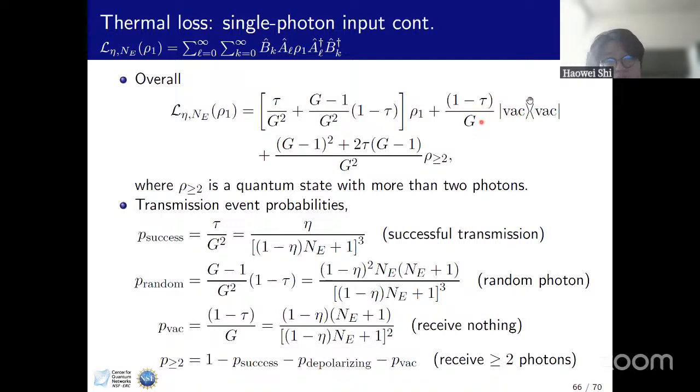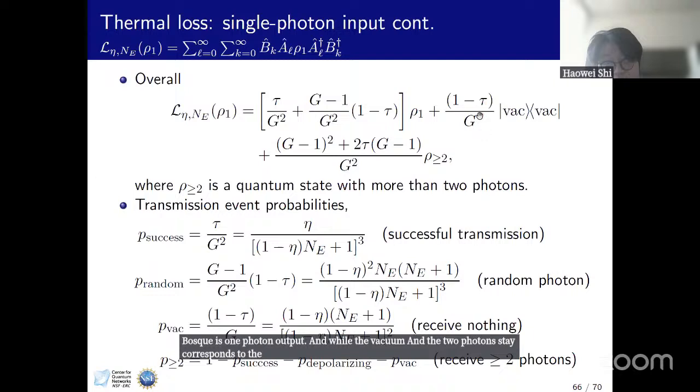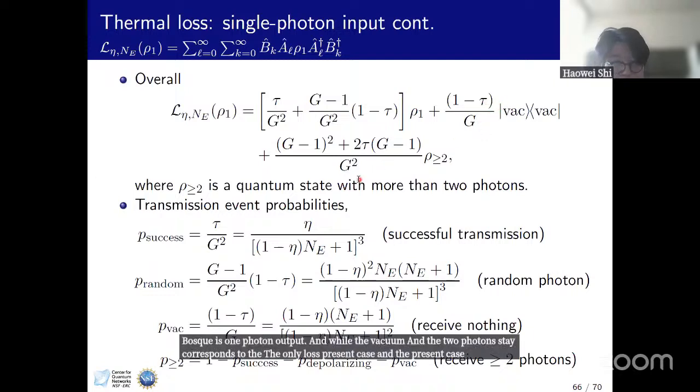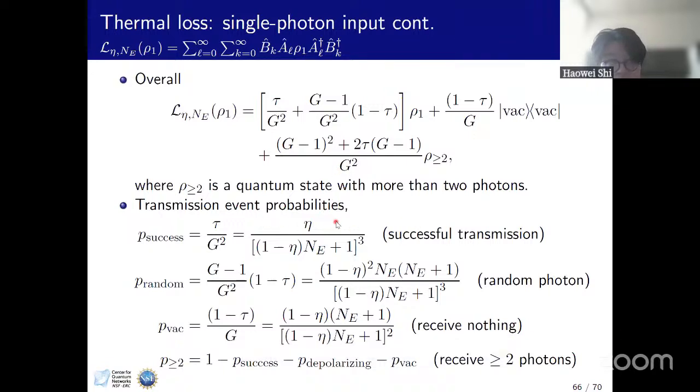The vacuum and the two photon state correspond to the only loss present case and the only photon adding event case. We can describe those events by this successful transmission event and random photon.